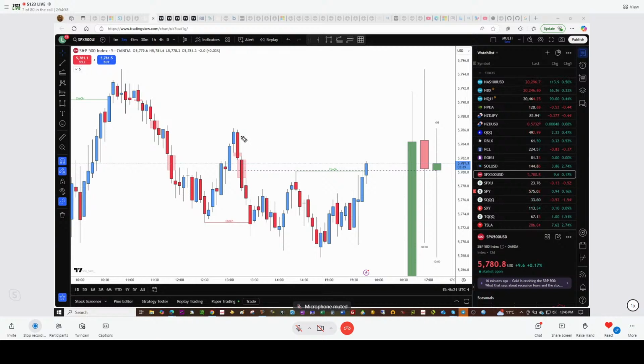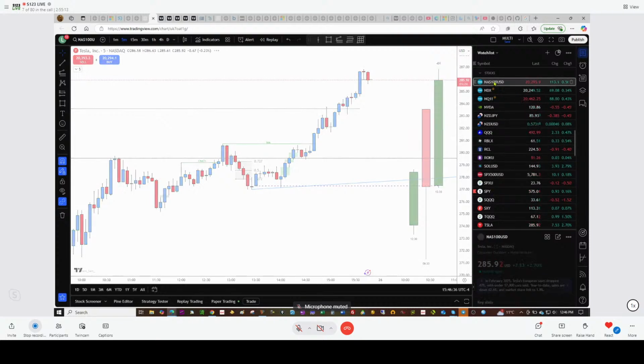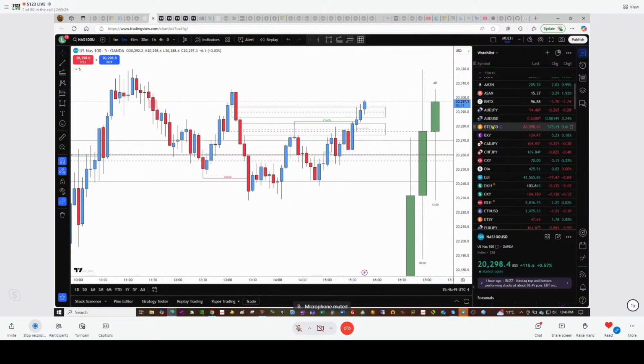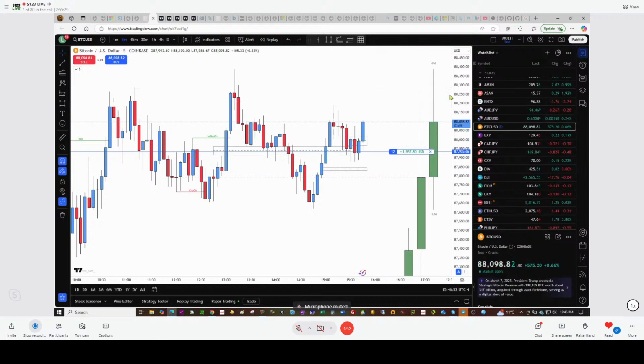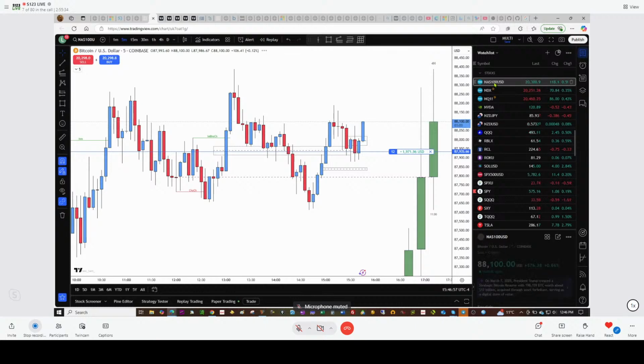Has more of a stretch to get back up here. Tesla's still going. Wow, amazing. It's like Tesla's leading the way. NAS is trying to get out of that gap. Bitcoin is doing me a nice favor and going up beautifully. So very good on Bitcoin.